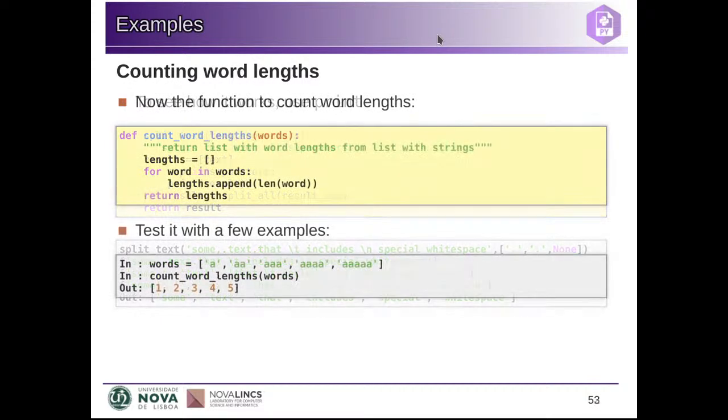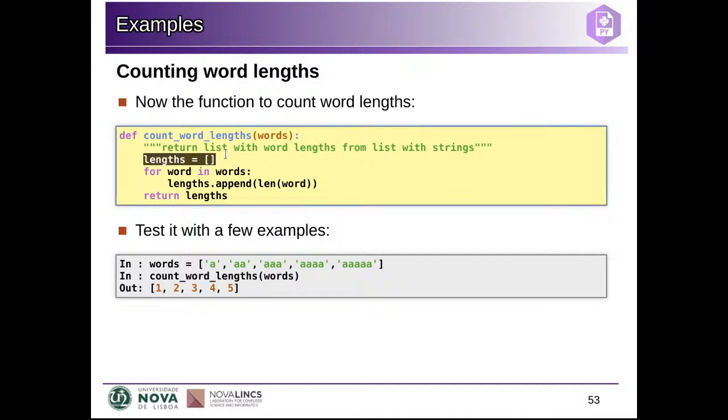Okay, so now we can put this all together by writing the final function we need, which just counts the length of the word. So this is basically create a list by appending to that list the length of each word, and each word is obtained by looping through the list of words and then pointing this variable to each of the strings.